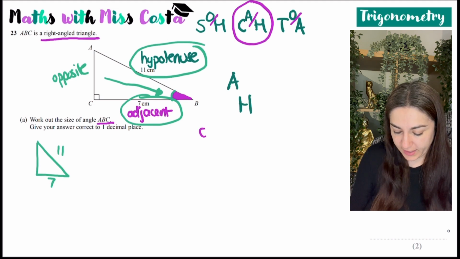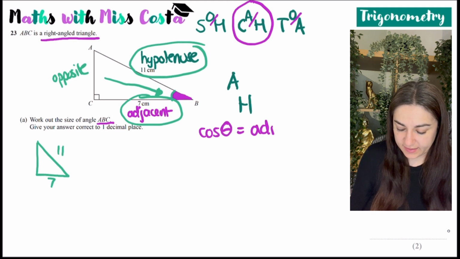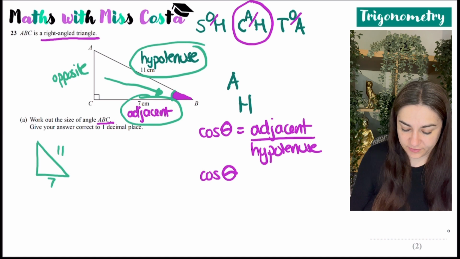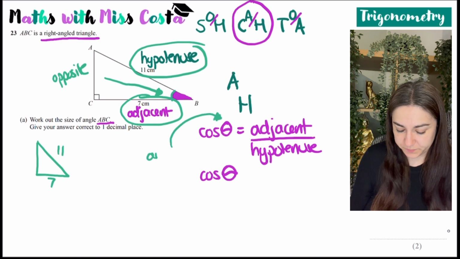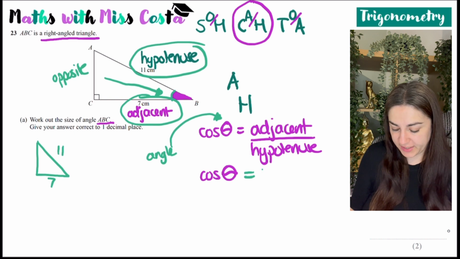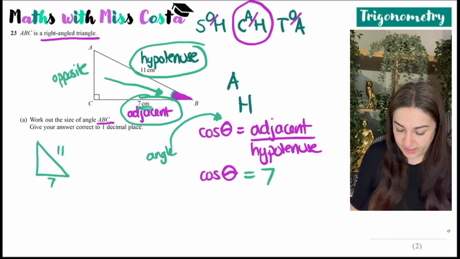So I'm going to write out the formula. Cos theta is the adjacent over the hypotenuse. And then I'm just going to substitute things in. So cos theta, and theta just means the angle, is the adjacent over hypotenuse. The adjacent has a value of 7 and the hypotenuse has a value of 11.